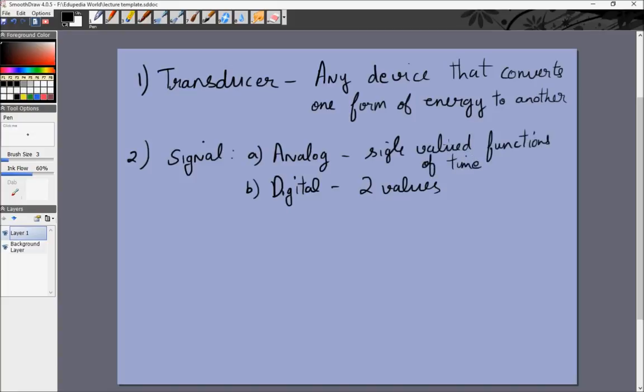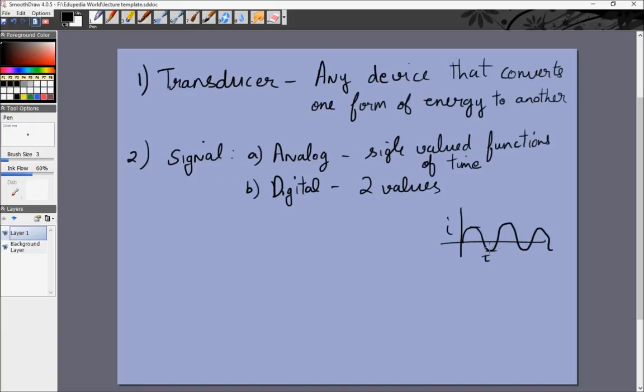For example, generally they are taken to be sinusoidal functions. So you could have an electrical current varying with time or a voltage varying with time like this. This is basically a single valued function of time, and it's not like the value is only between 0 and 1 or something. It can take any value between the minimum and the maximum value.